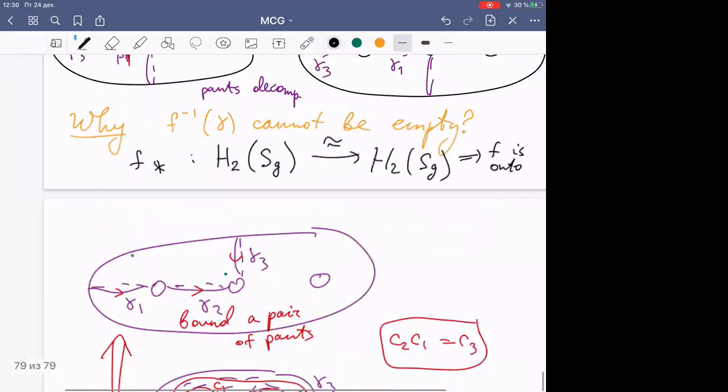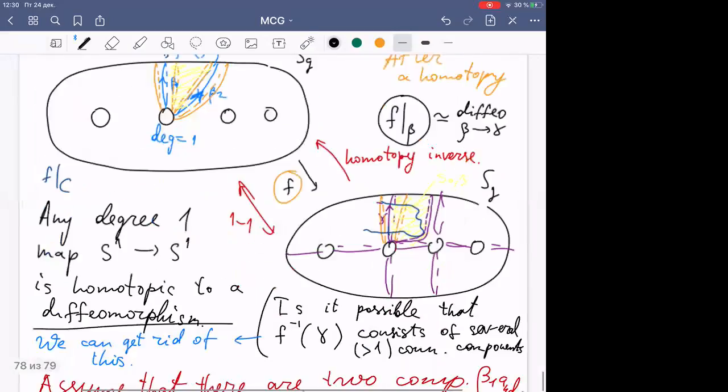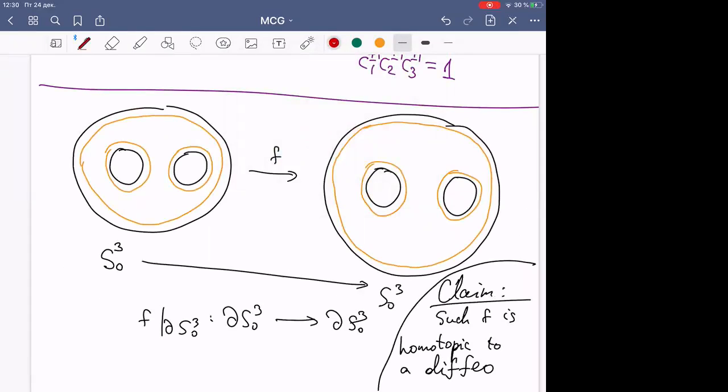Okay, here we started from the pants decomposition, but now I would like to choose 3 arcs here, alpha 1, alpha 2, and alpha 3, that decompose this pair of pants into, actually alpha 3 is not needed. I'm sorry. It doesn't matter.